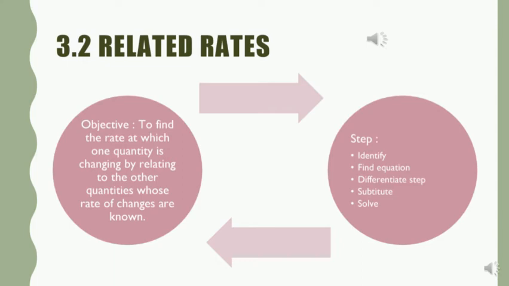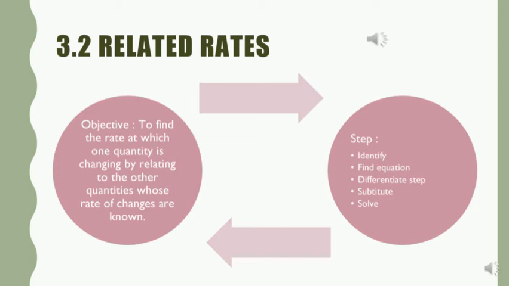The next step is differentiate. You should differentiate the equation from step 2 with respect to time on both sides. You should remember the chain rule, because in related rates, the chain rule is often used for differentiating.